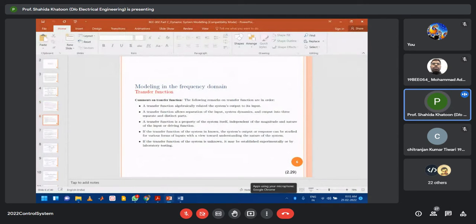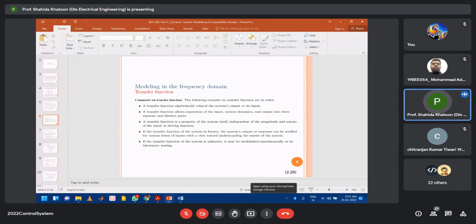Proceeding, the following remarks on the transfer function are in order. The transfer function algebraically relates the system's output to its input. A transfer function allows separation of the input, system dynamics and output into three separate and distinct parts.